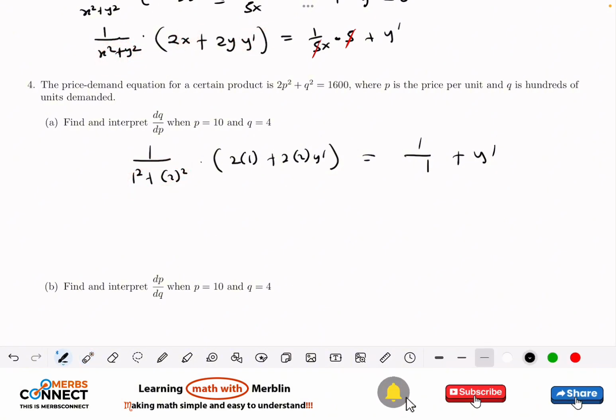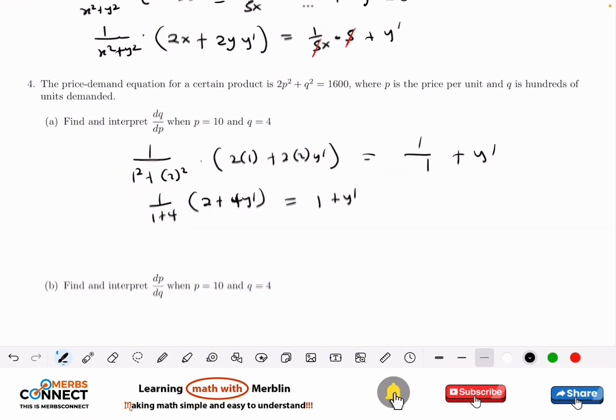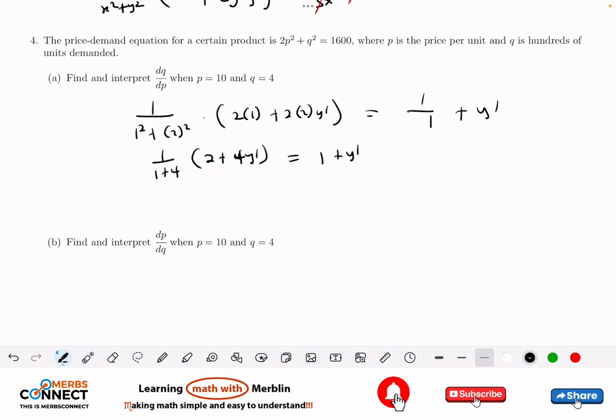So this is going to be 1 divided by 1 plus 4, 2 plus 4y prime. Then this one will be 1 plus y prime. So this is going to be 1 divided by 5, 2 plus 4y prime, equals 1 plus y prime.